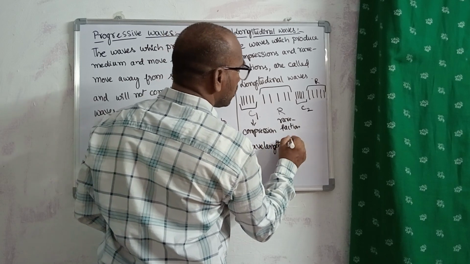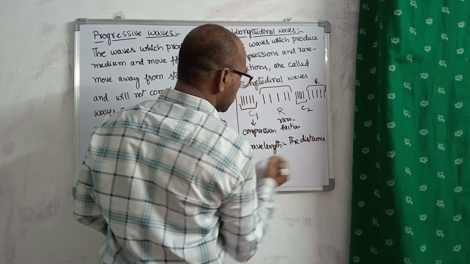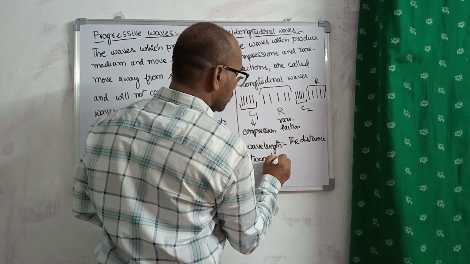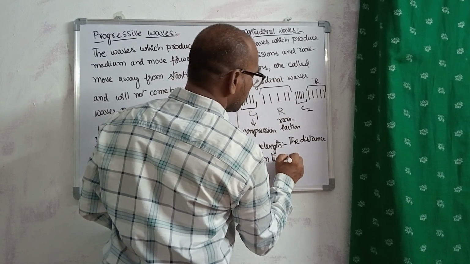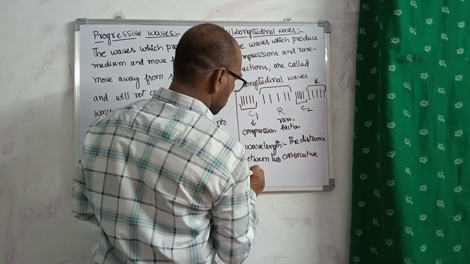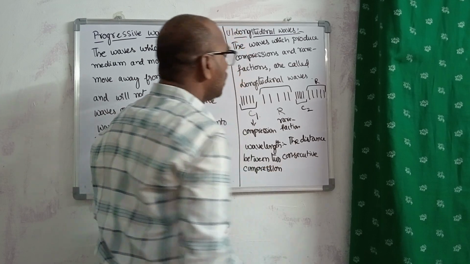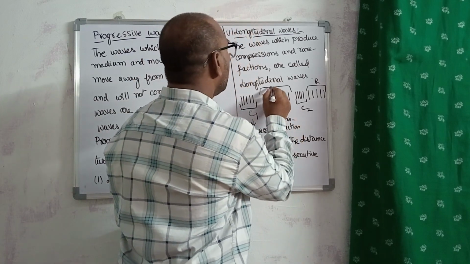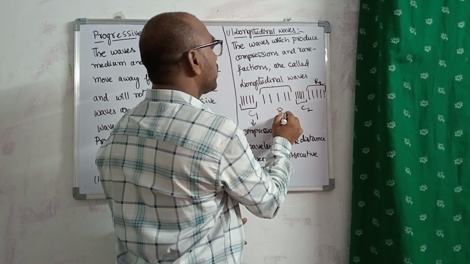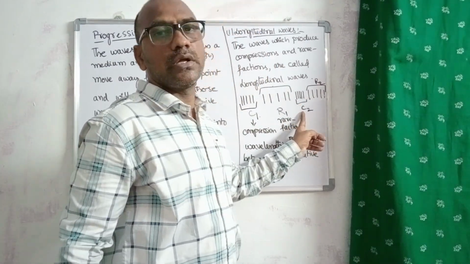Wavelength is the distance between two consecutive compressions, or the distance from R1 to R2, one rarefaction to the other rarefaction. In between, one compression is there, no need to measure that.